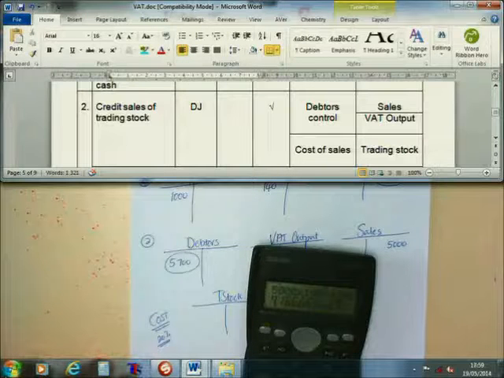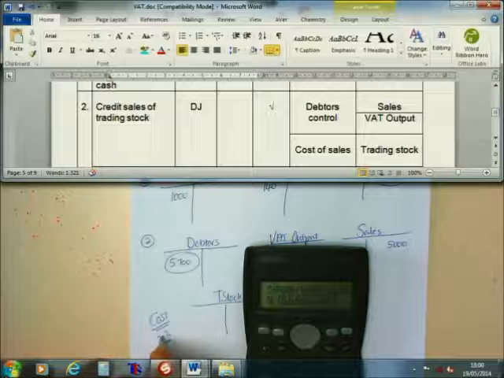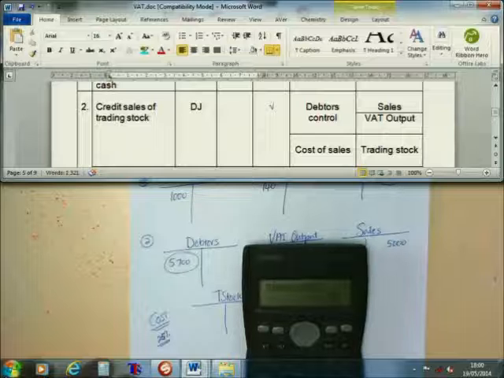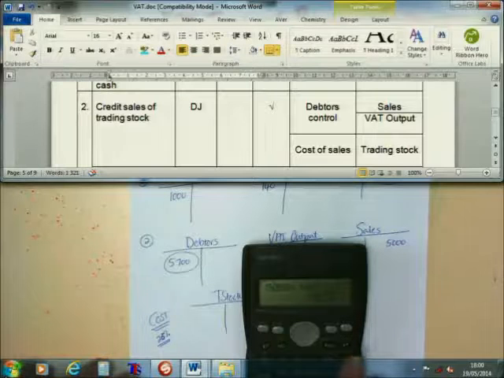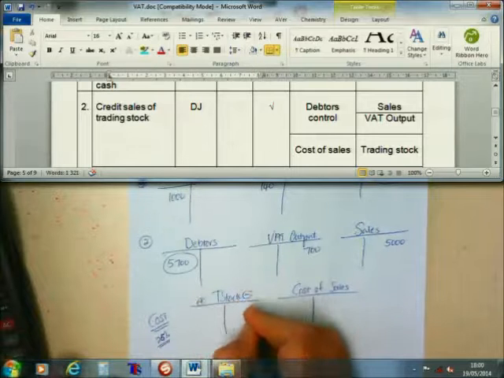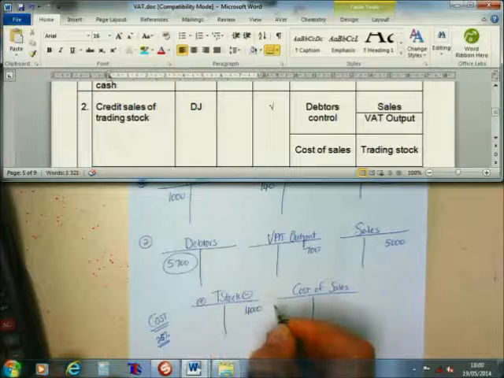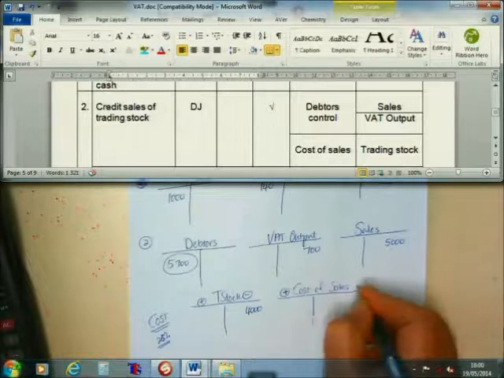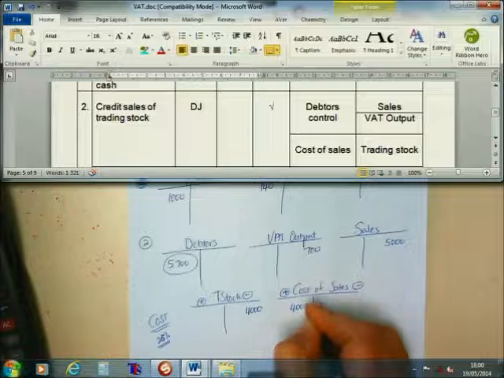Oh, this is not a nice cost. So let's make it 25%. Maybe it's better. 5,000 times 100 divided by 125. That gives us 4,000 Rand. So the trading stock become less with the cost price, and your cost of sales become more with the 4,000 Rand there.